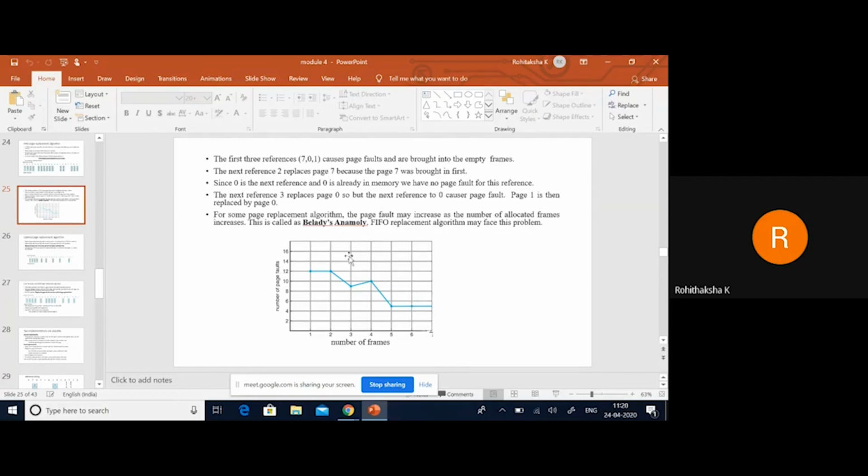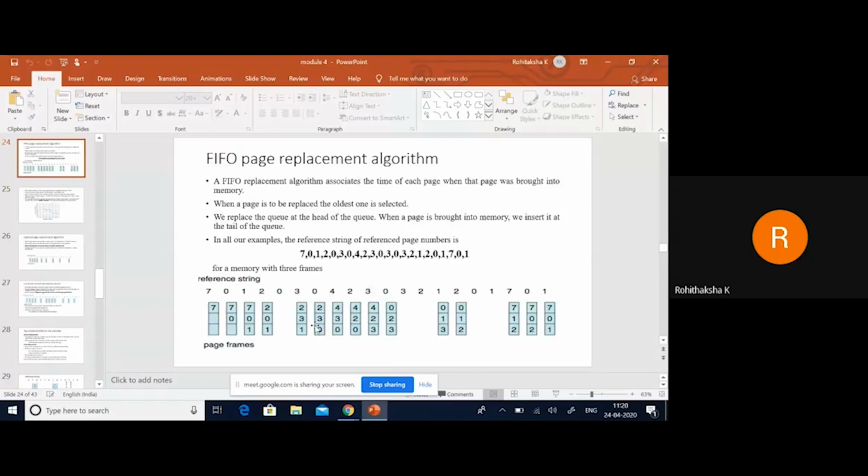So the first in first out algorithm also suffers from this. I don't think so here. Whatever he has given, for 3 frames the page fault is 9, and for 4 frames the page fault is 10. But if you go here with 7, 0, 1, 2, if I take this particular string, I have 4 page faults already.